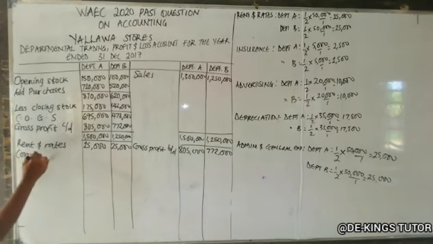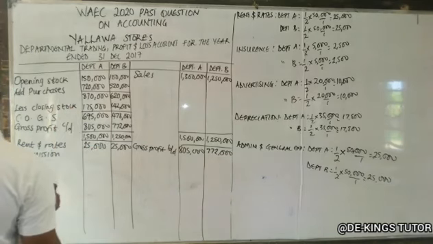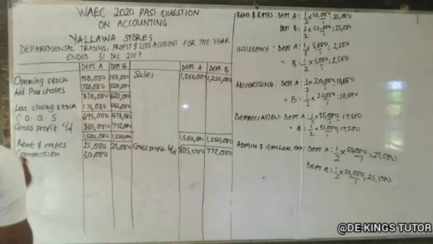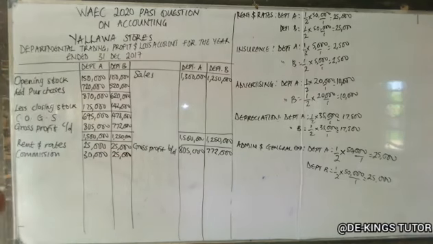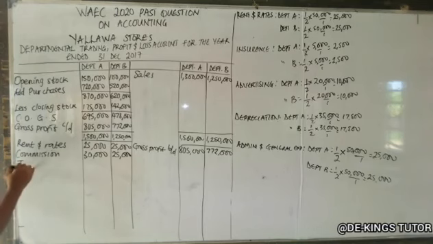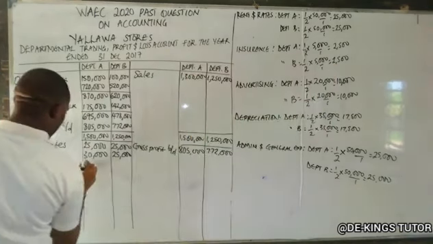Okay. So the next one is insurance. Insurance, we did adjustment also, 25 and 25. So come here, right? 25 and 25. The next one is advertising. We did adjustment also, Departments A and B, 10,000. So write 10,000 here, 10,000 here.